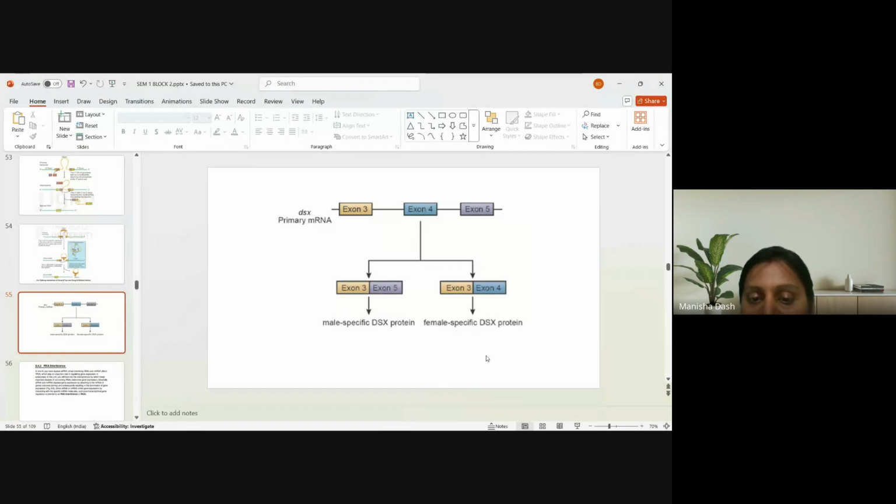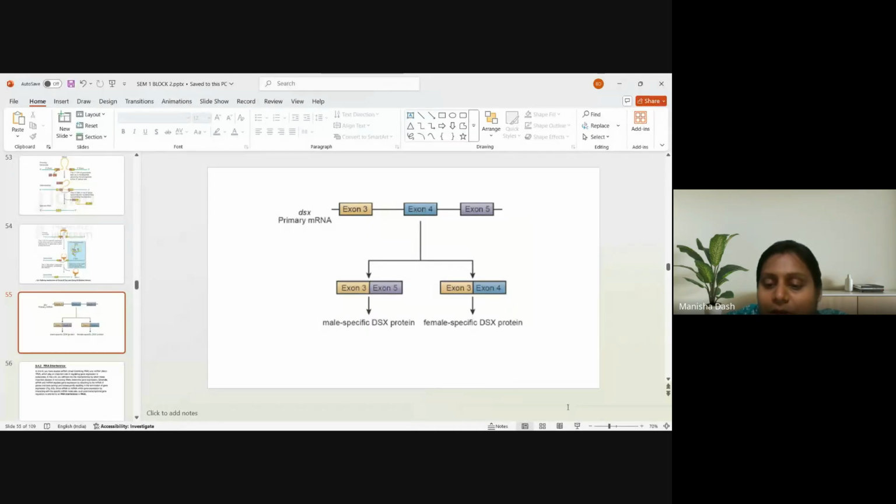If the splicing happens in such a way that exon 3 and exon 5 are together, it will produce male specific DSX protein and the sex will be specified as male. But if by the splicing mechanism exon 3 and exon 4 are joined and exon 5 is omitted, then the fly will develop into a female, as the female specific protein will be produced.